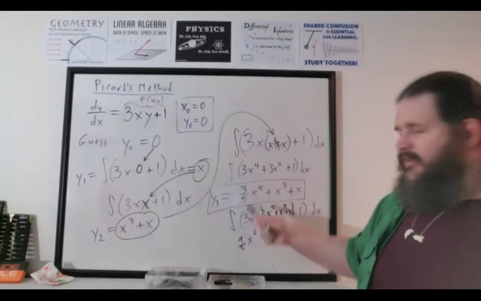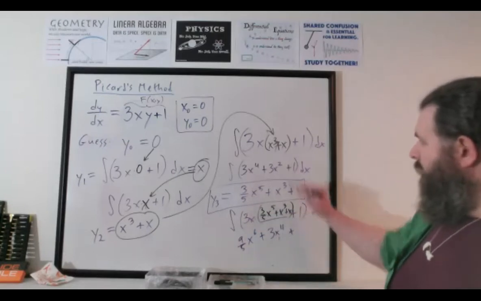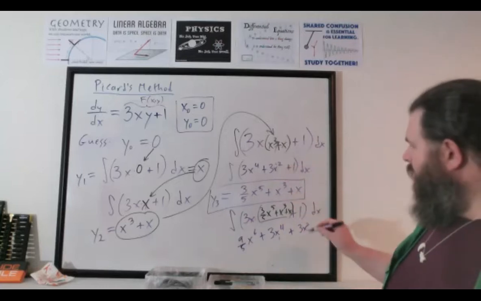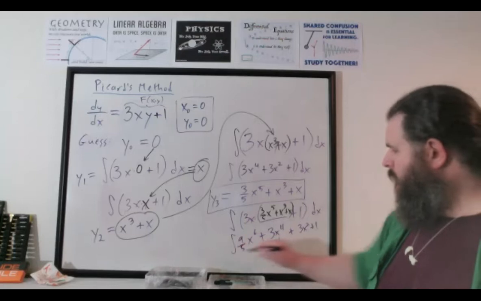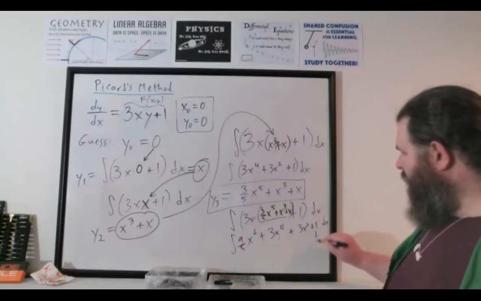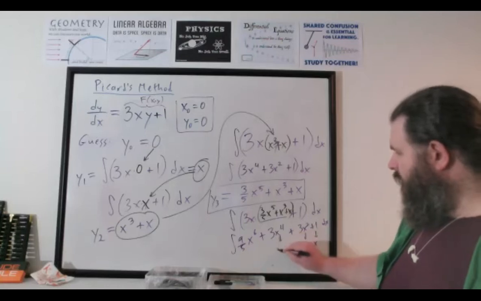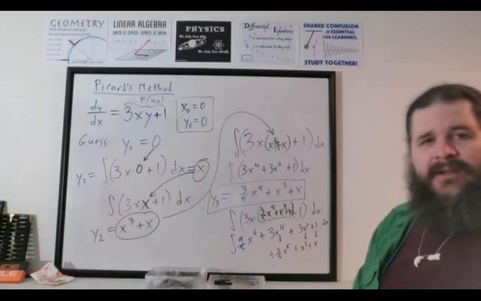So when we integrate, we get the same 3/5 x to the 5th. 3x times x would be 3x squared, and integrating that still leads to x cubed. And then we also have this plus 1 at the end, which is still going to create x. So integrating all this, we still get x, we still get x cubed, we still get 3/5 x to the 5th. What's our one new term here going to be?